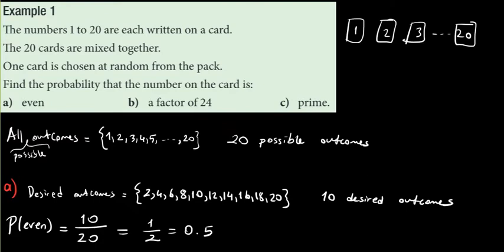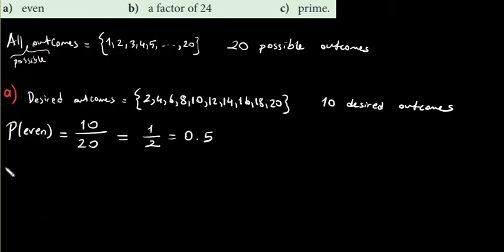So let's do B, a factor of 24. We are going to choose at random a card from these cards, and we want that to be a factor of 24. So first thing, we should write the factors of 24. What are the factors of 24? 24 is 1 times 24, 2 times 12, 3 times 8, 4 times 6. 5 times, it is not an integer, so 24 is not divisible by 5.